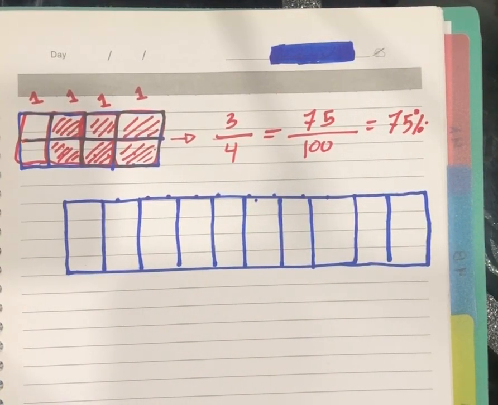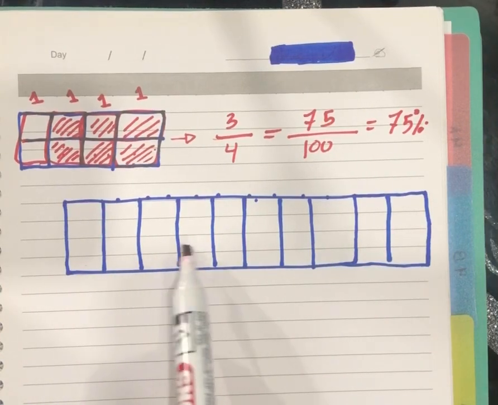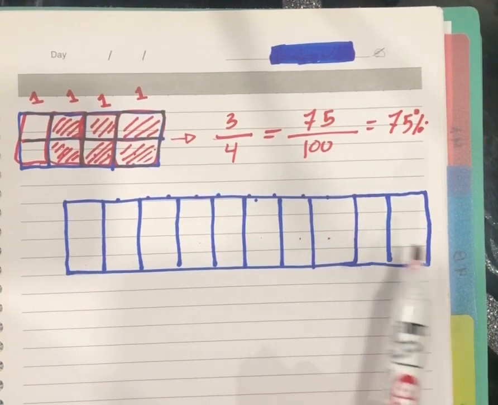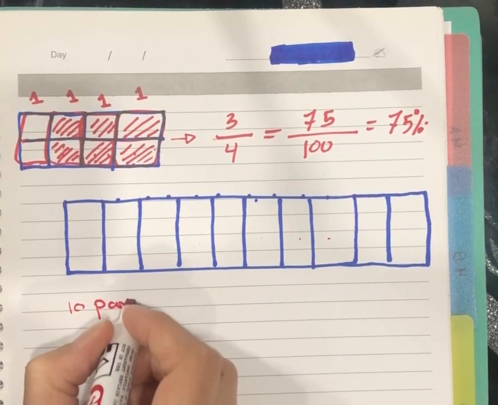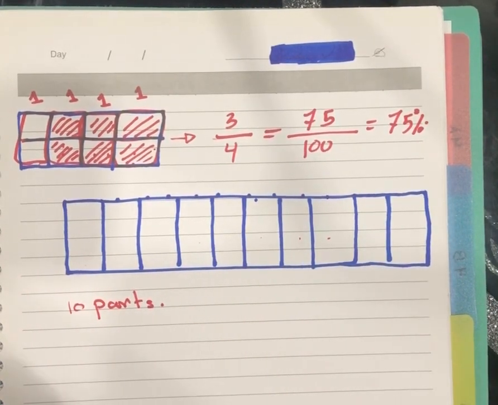Let's take the question in a different way. If I am asking you to shade 30% out of this rectangle, this rectangle is divided into 1, 2, 3, 4, 5, 6, 7, 8, 9, 10 parts. 10 parts.